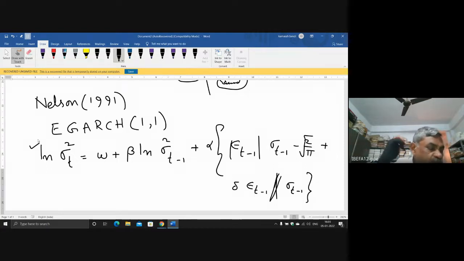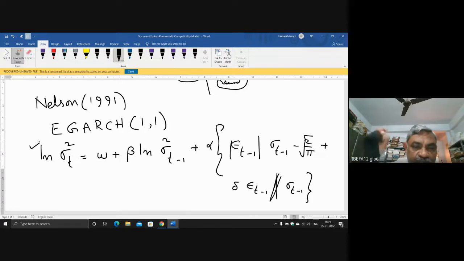According to this, there is no need to impose restrictions except that the modulus of beta should be less than 1. But what is the advantage of this? The advantage is that sigma square t will reflect non-symmetric effects. This volatility asymmetry can be captured with the help of this model.